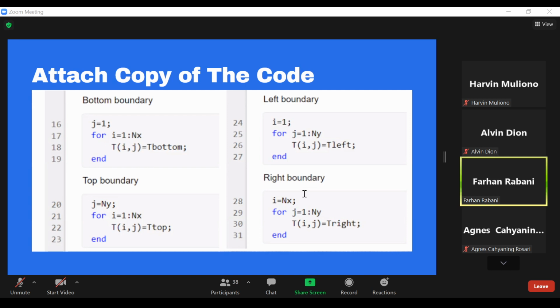For i equals 1 until i equals NX, T(i,j) equals T bottom, the bottom temperature. For the top boundary, j equals NY, which is 10, for i equals 1 to NX, T(i,j) equals T top. And we repeat for the left and right boundaries depending on the value of temperature.